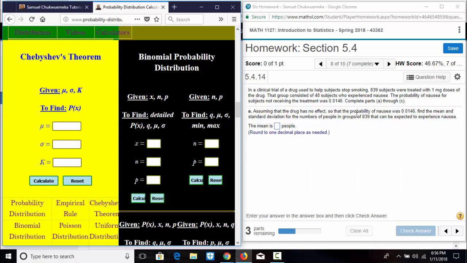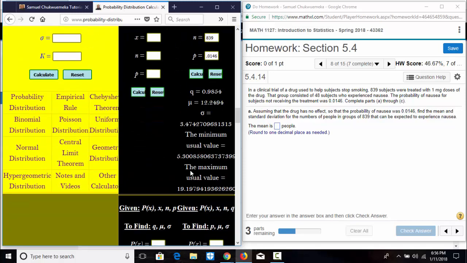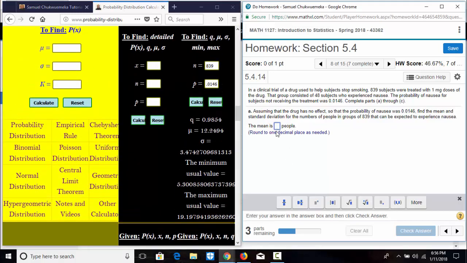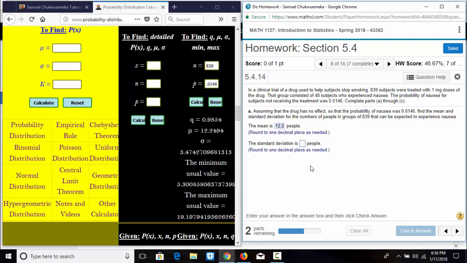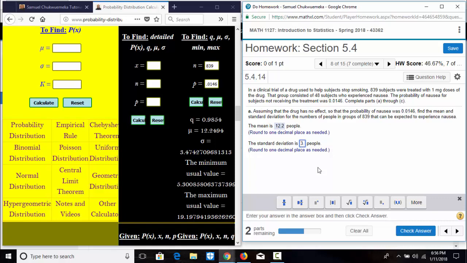In this case, the sample size is 839 and the probability of success, which is the probability of nausea, is 0.0146. So the mean to 1 decimal place is 12.2. The standard deviation to 1 decimal place is 3.5.